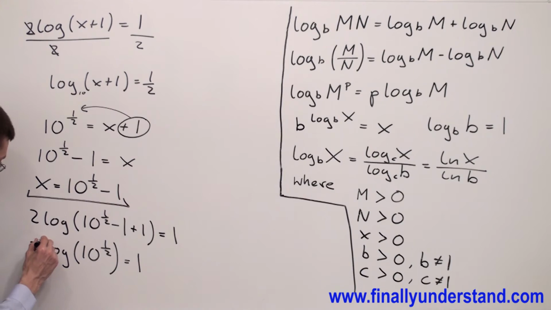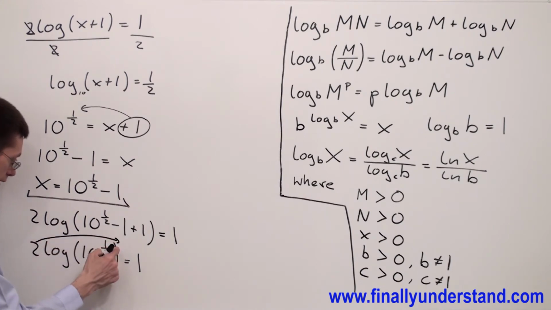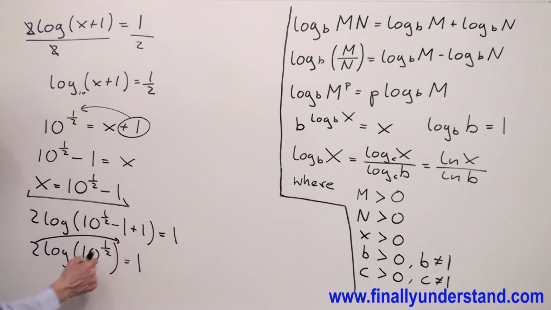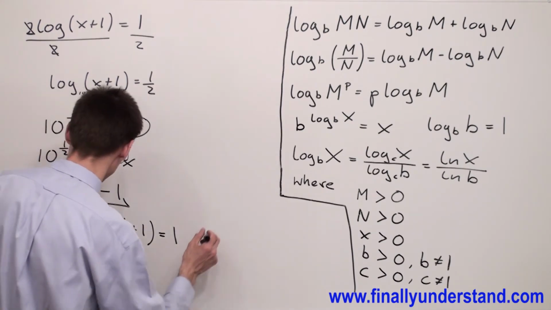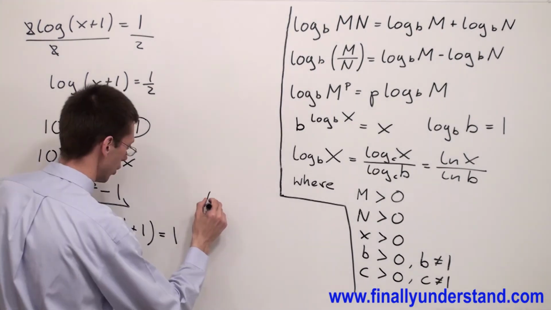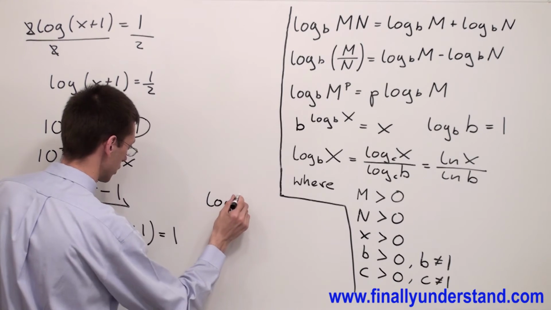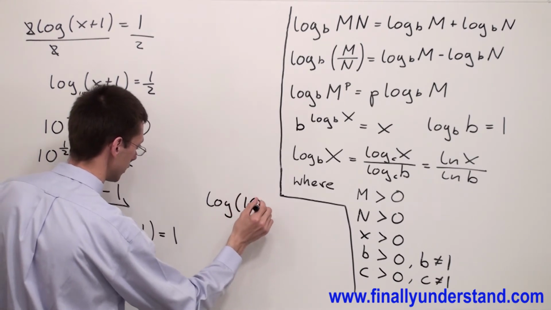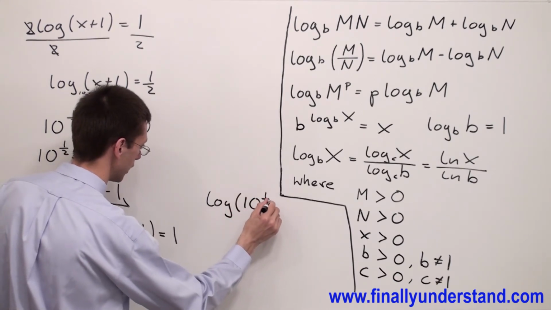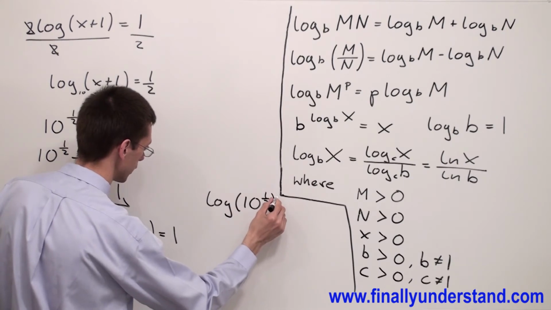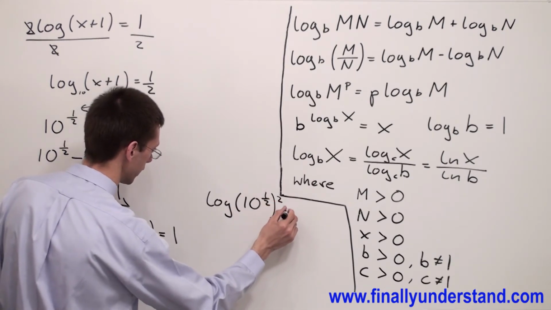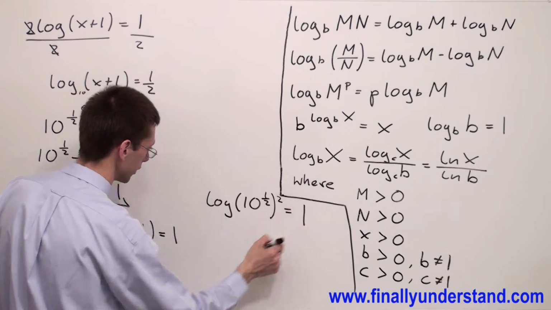This 2 is going to be my exponent for 10 to the power 1/2. I can rewrite this equation as log of 10 to the power 1/2, and everything is raised to the second power, and everything is equal to 1.